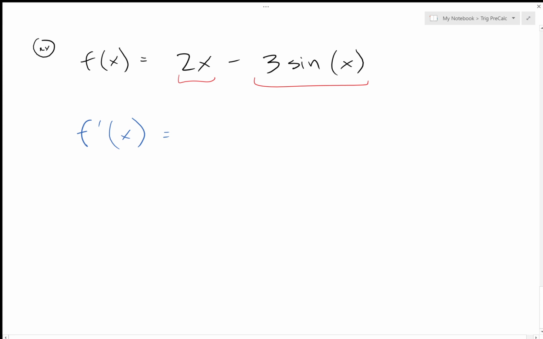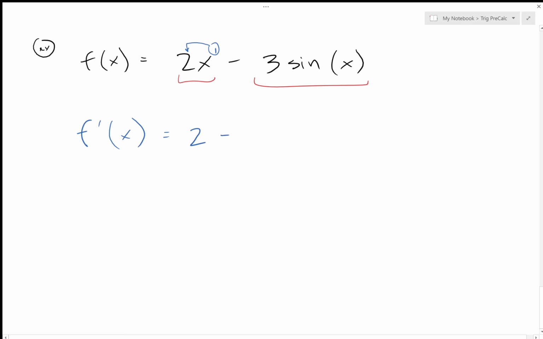Now, if it's 2 or just a number and an x together, this exponent's 1. Alright, so when you move that 1, it doesn't really change the 2. But remember that exponent drops down, so it's x to the 0, or else it just disappears. So if it's 2 or a number with just the x, just the number is going to survive. So it's just going to be a 2. Because x to the 0 is 1, and that kind of just disappears.